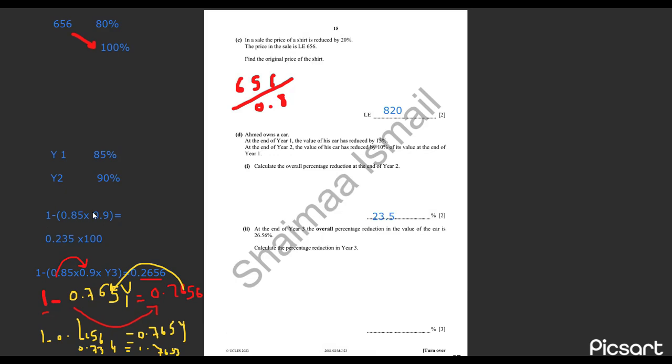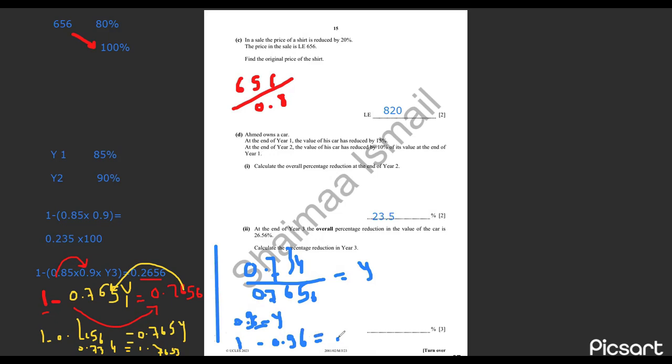Okay, so we say 0.734 dividing by 0.7656 equal to y, which equals 0.96. And now we're going to make the 1 minus 0.96, which equals 0.04, which equals 4%. And we did it.